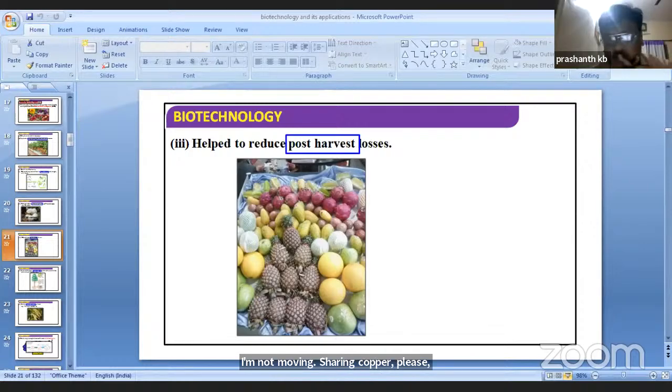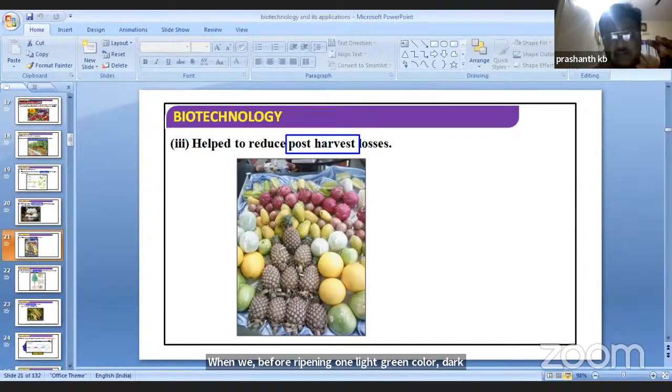Okay, let us start. Come to this one. They have given this as point number 3 in the NCERT textbook, page number 208: help to reduce post-harvest loss. The meaning of this: 45 years back, in tomato, before ripening, a light green color means partially getting ripe. Dark green means unripe.